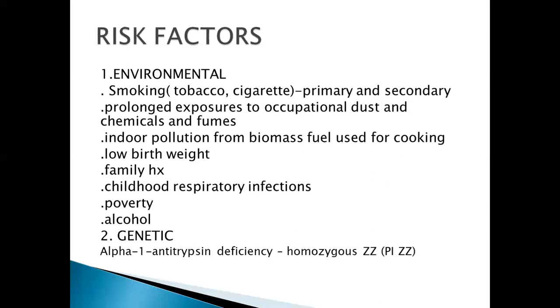So if you have somebody who even has the S allele and the Z allele, which is heterozygous, you can still have a disease manifesting, just that it will be mild. And so the commonest type is usually the homozygote ZZ, where there's a marked decrease in the alpha-1 antitrypsin protein.